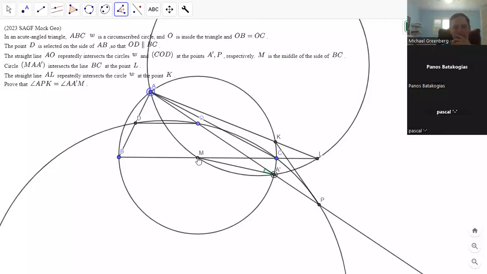So 21.37 and 21.37. Okay. I would be surprised. I'll check this.